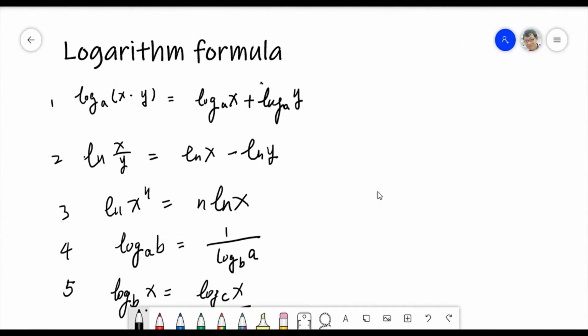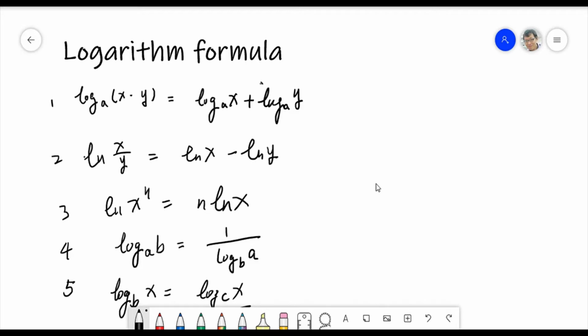Logarithm, to me, for algebra, it's kind of a little hard. Especially when you go to derivative and integration, because in mathematics everything can mingle together, and then you will have problems.